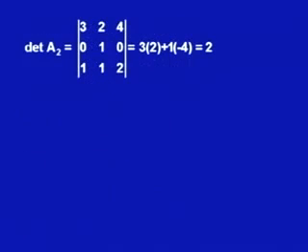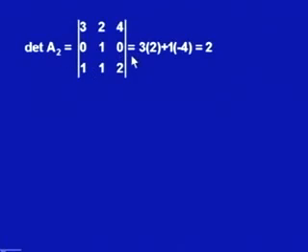For the second component, I first calculate determinant A2, which is obtained by writing the matrix A and replacing the second column of the matrix by the column vector B. So, column vector B is 2 1 1. So, I am replacing the second column by 2 1 1.